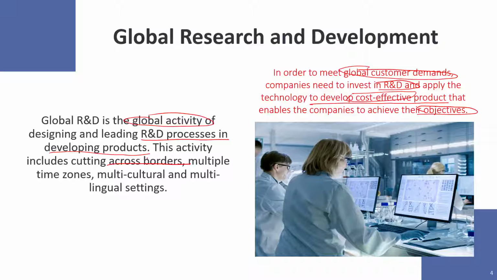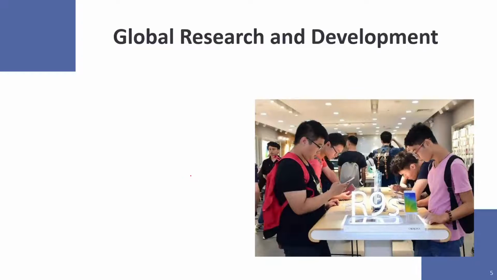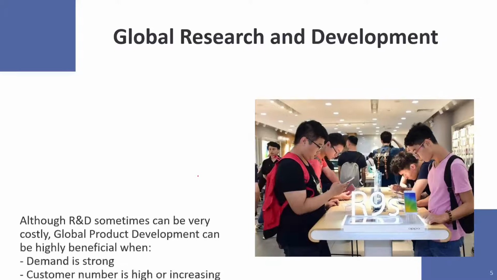And because they are between two countries, we are cutting across borders. Also, because they are in different countries, multiple time zones occur here, and multicultural and multilingual settings also occur here. So you want to manage this research and development in more than one country. And so global research and development can sometimes be very costly.